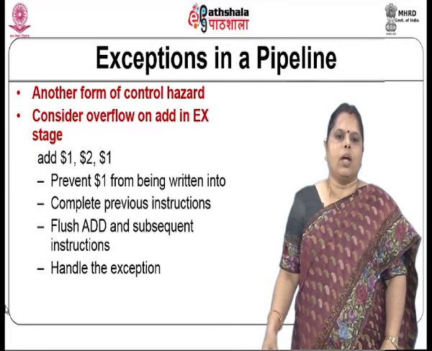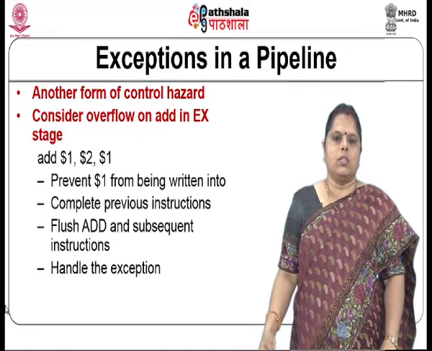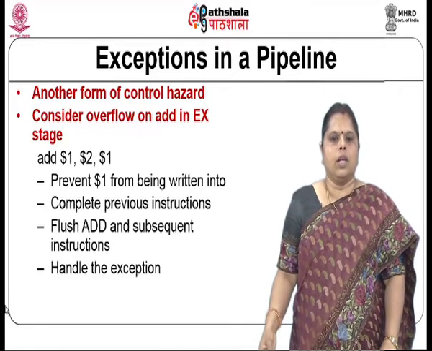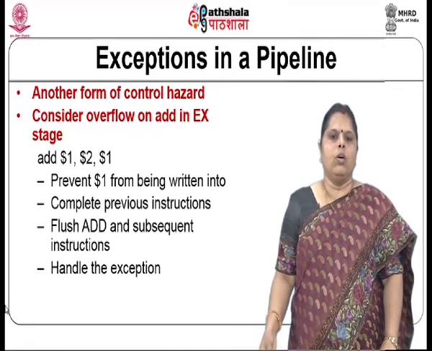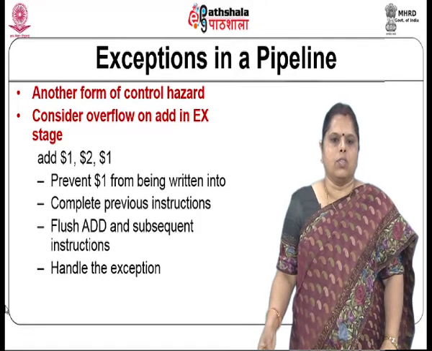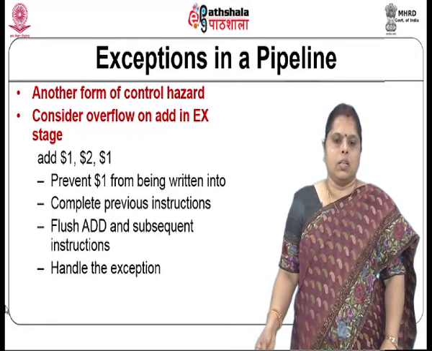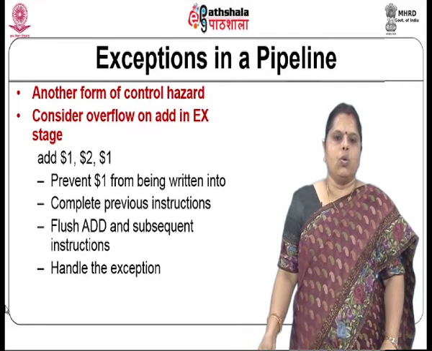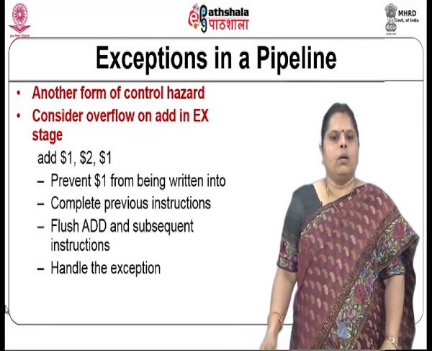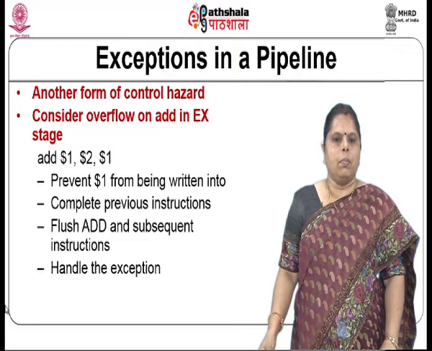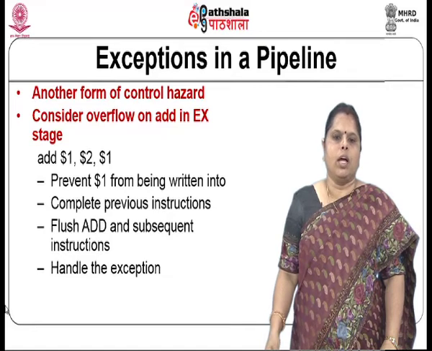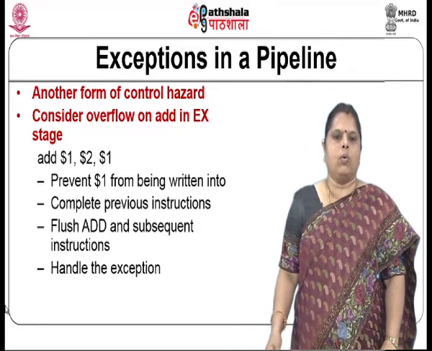Suppose you have an instruction like add register 1, register 2, register 1, and let us say an arithmetic overflow occurs when this instruction gets executed. You will have to make sure that register 1 does not get altered, because an exception has been raised. At the same time, because it is a pipelined implementation, the previous instructions that were let into the pipeline before the add instruction should complete without any problem.